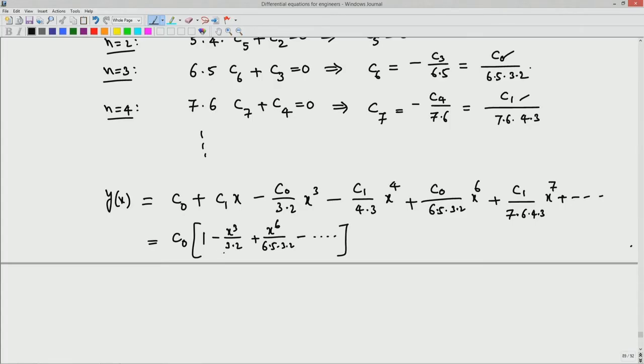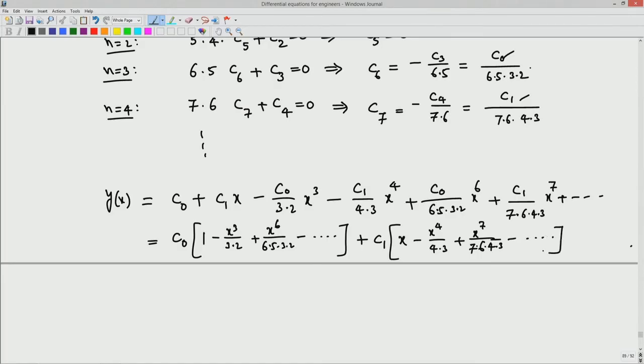So, when you write the series, if you know the nth term you can write it nicely as a sum, otherwise you should have minimum 3 terms and then dot dot dot plus C1. C1 you have x minus x power 4 by 4·3 plus x power 7 by 7·6·4·3 and then minus dot dot dot.